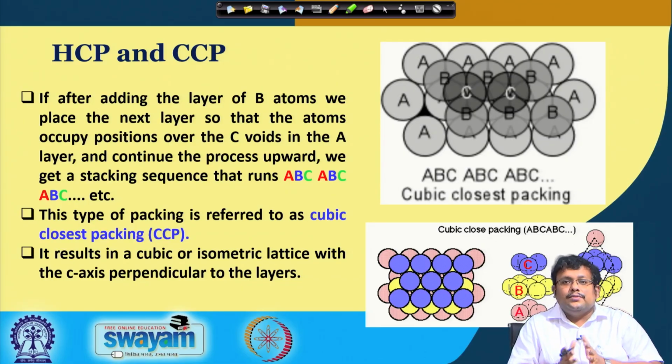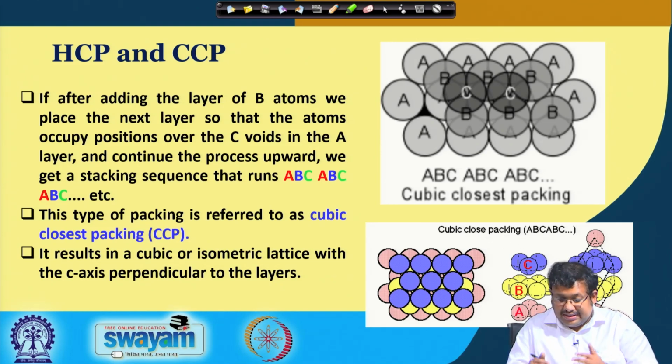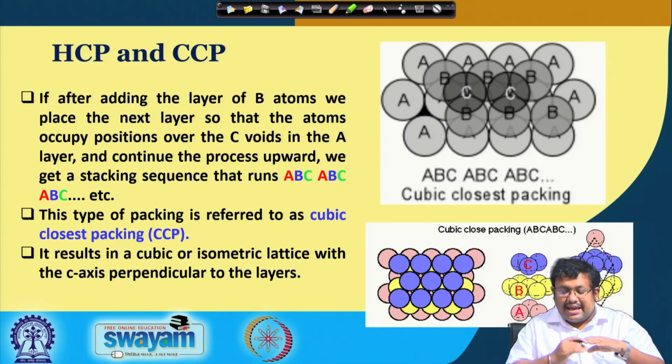Now also this cubic closest packing or CCP results in a cubic or isometric lattice with the C axis perpendicular to the layer. So isometric view means basically 3-dimensional view. As you can see from this picture, there is a 3-dimensional view where 3 layers of atoms are stacked over each other, creating this packing.